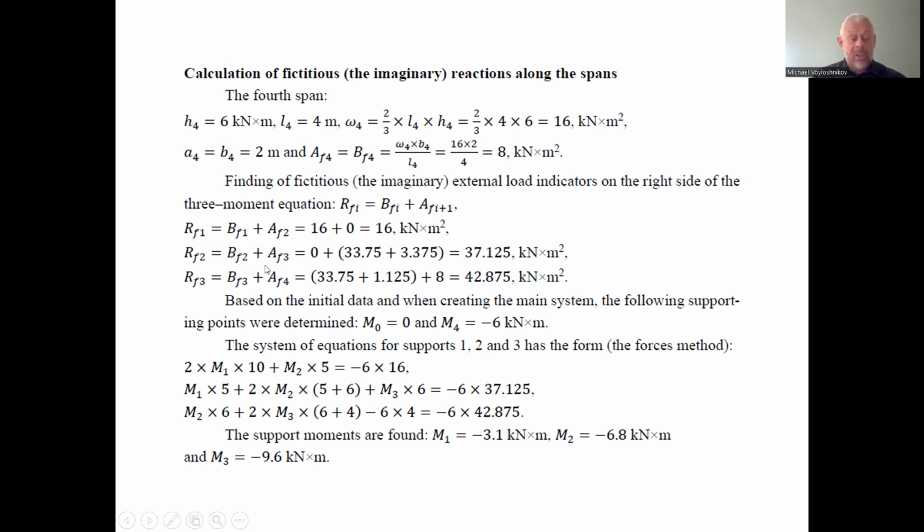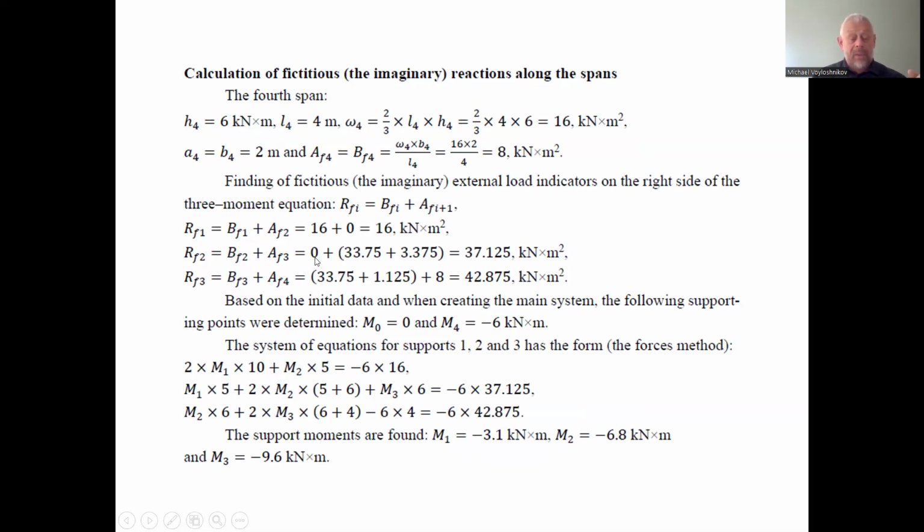So we can find that RF1 is 16. For RF2, we have two segments, the triangular segment and the parabolic segment, for the third span, which we use together to find the summand RF3 in the formula.